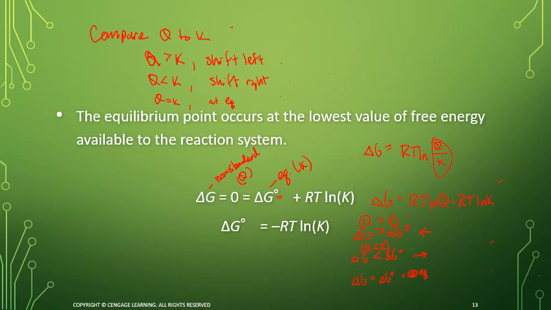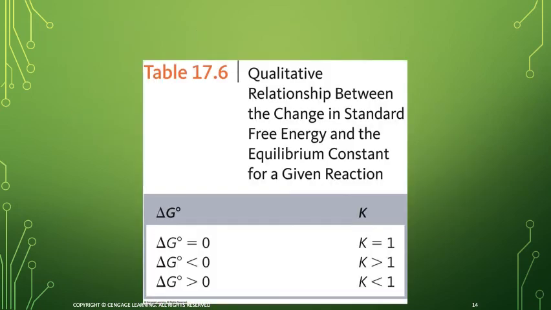So we can look at these relationships for this basic equation to help us determine which direction the reaction is going to shift. I know this is a tough concept, so that's something that I will talk about more in class as we move forward. So just a quick synopsis for this, because I know this is the hardest concept of the delta G component for you guys to figure out.